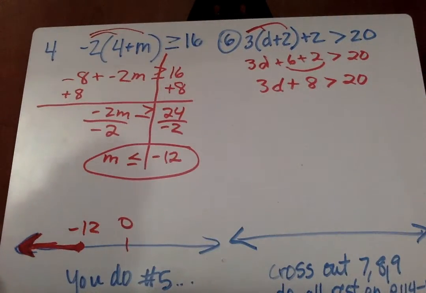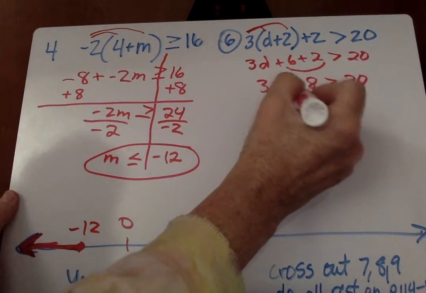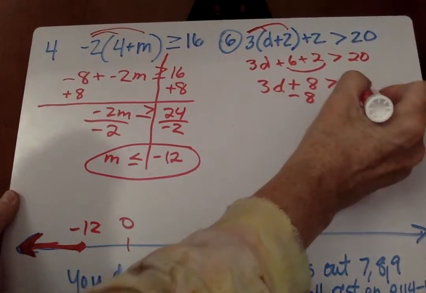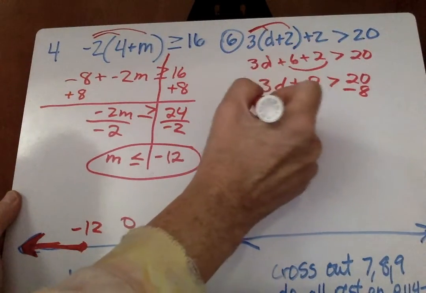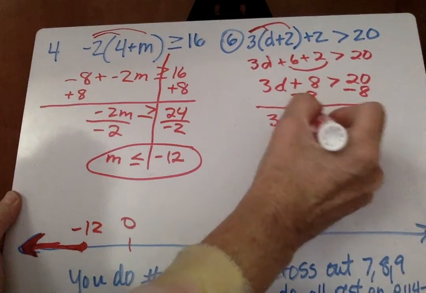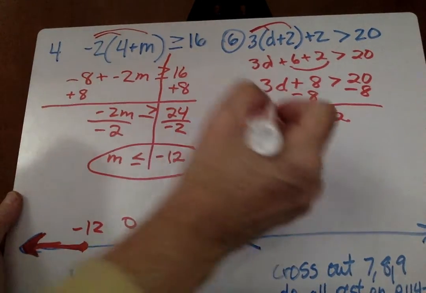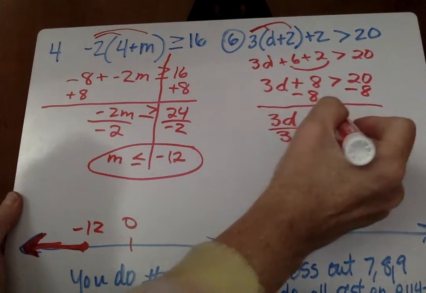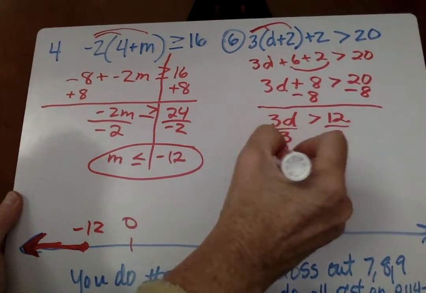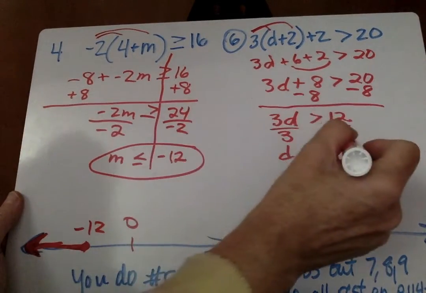Okay, now we're on 2 steps, which means you want to add or subtract first. We're going to subtract 8 and get all the numbers on the opposite side from the variable. Divide by 3. D is greater than 4.